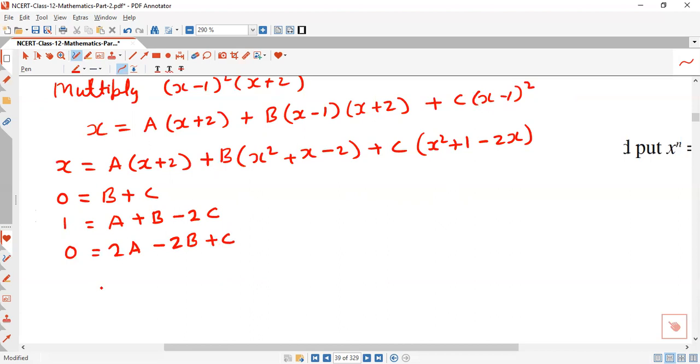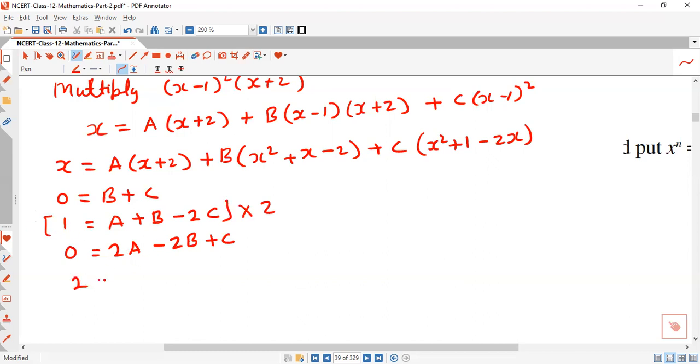Okay, now we have to find the coefficient values, basically. In the first equation, B plus C terms are given. In the second and third, A and B are given. So I will eliminate either A or B. We add these two equations, 2 and 3, by multiplying one equation by 2 and subtracting.